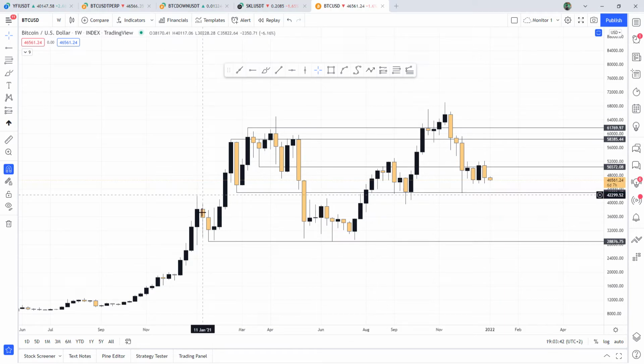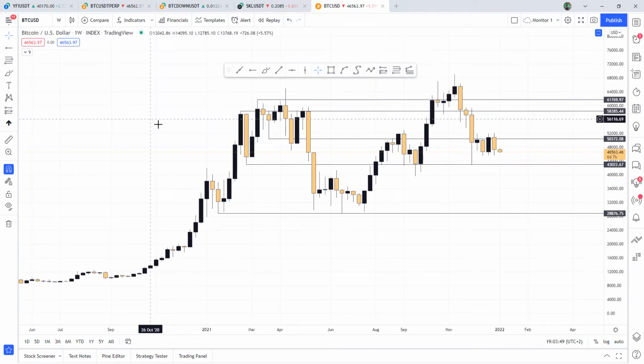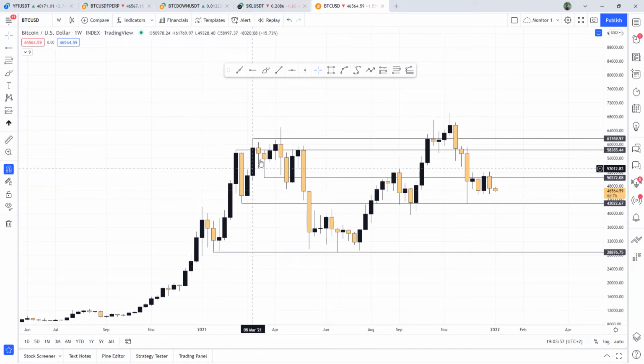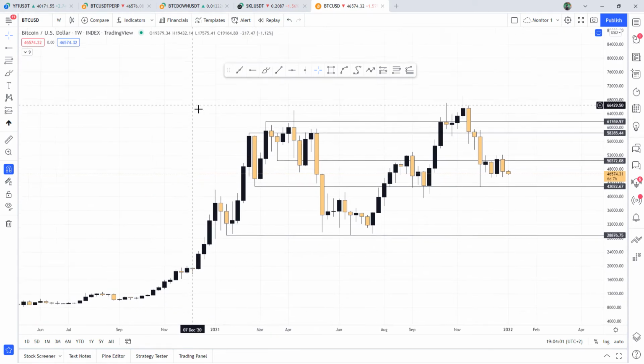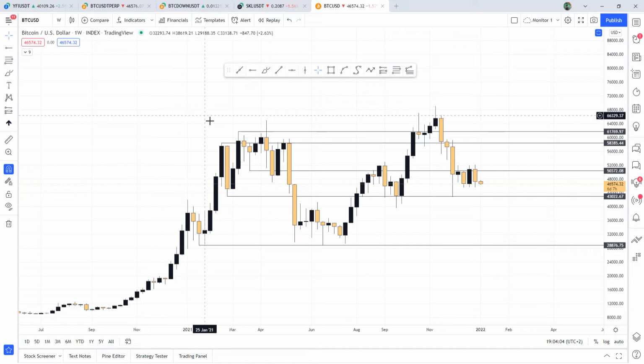So this is how you mark support and resistance. We take the last down candle, the wick, and we mark support, and the last candle up, and we mark the top wick as resistance.